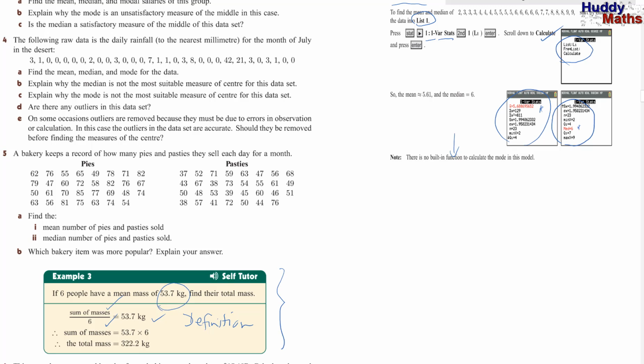Maybe they're all going to get on the lift together, and you want to know the total weight. So the sum of the masses is multiply that by 6, and the total mass was that. So just remember the definition, because there are some little questions there which are variations on the mean. Okay, so that's question 5.